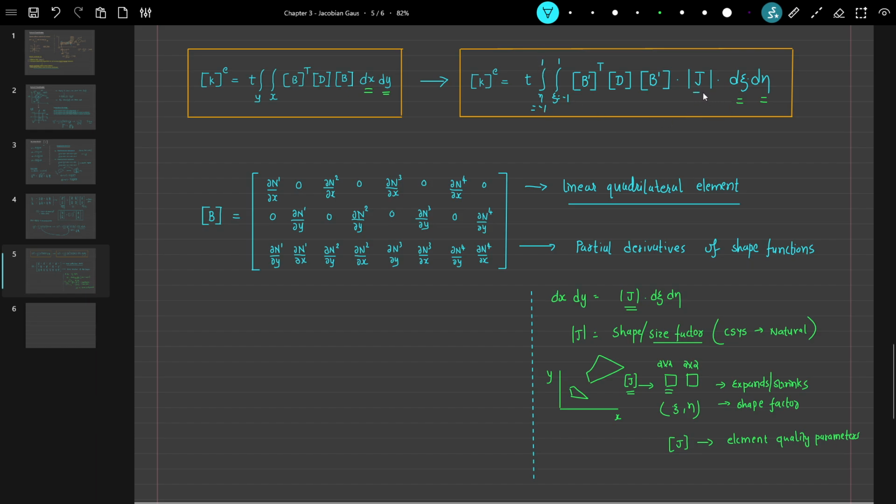Additionally, we will have the Jacobian, which is dx dy equal to the determinant of the Jacobian matrix times dζ dη. And similarly, we need to transform B from xy space to B in ζ η space. So this is a summary of what we discussed.